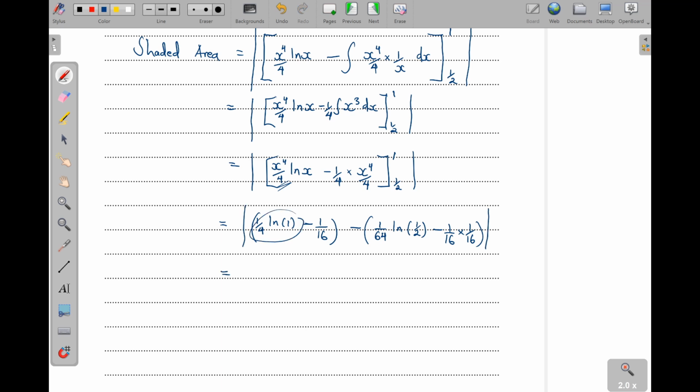Of course, this one is 0, like I said before. This is negative 1 over 16. And then here, we open the brackets, that will be minus 1 over 64. But a half is the same as 2 to the power negative 1, and then a negative and a negative is a plus. 16 times 16 is 256. So we shall have plus 1 over 256, modulus.